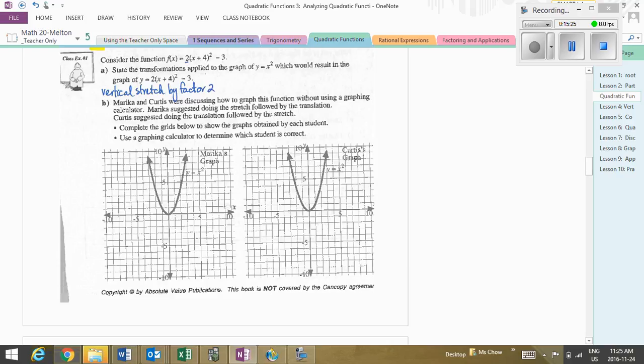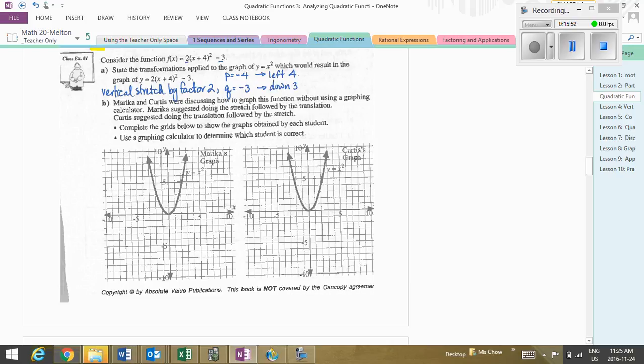We know that our p-value is going to be -4. So p is equal to -4. And what does that tell us? That means that we're moving left 4 units. Because our q value is -3, that gives us our vertical translation, which is down 3 units.